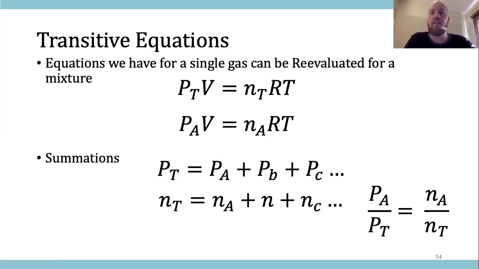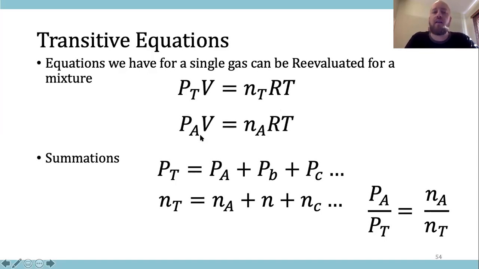It's the only one, so we don't need to say its total value. So here, we're just redesignating our PV equals nRT to say that the total pressure and the total moles are going to be in the ideal gas law.